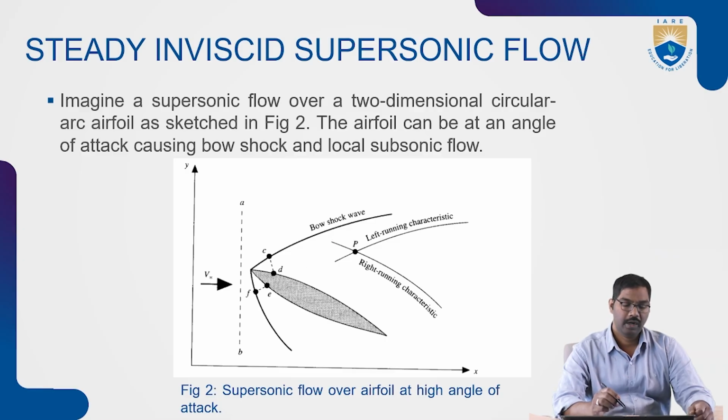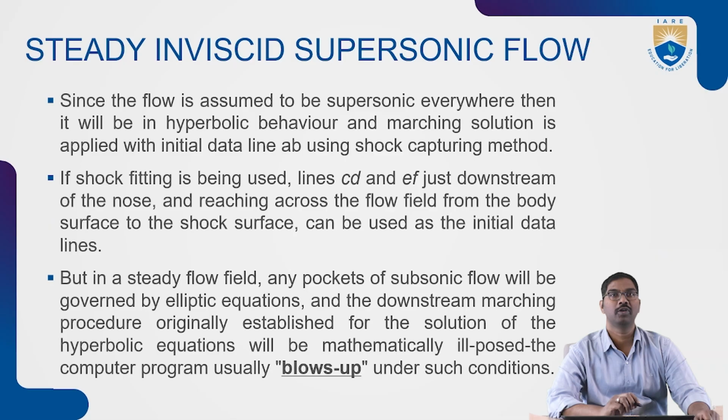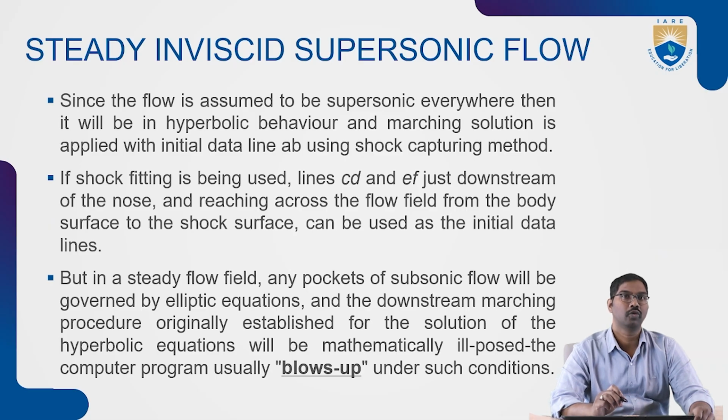So we have to define the computational method to solve these two types of flow behaviors. Just defining the method related to the hyperbolic behavior will not solve the total problem. Even so, when you are solving the hyperbolic form of equation, the marching solution is applied.